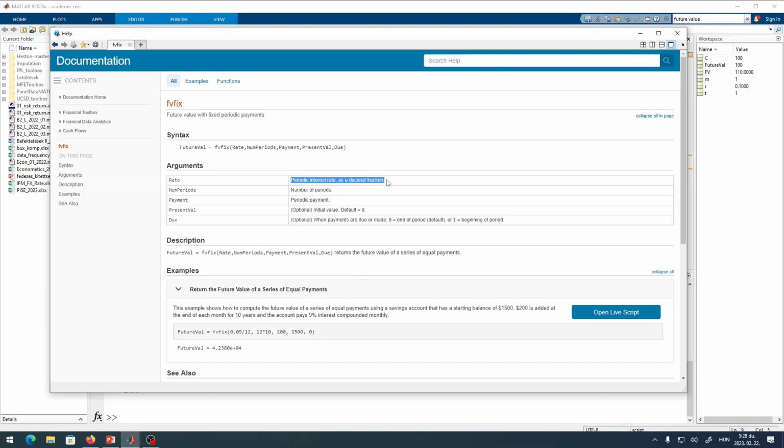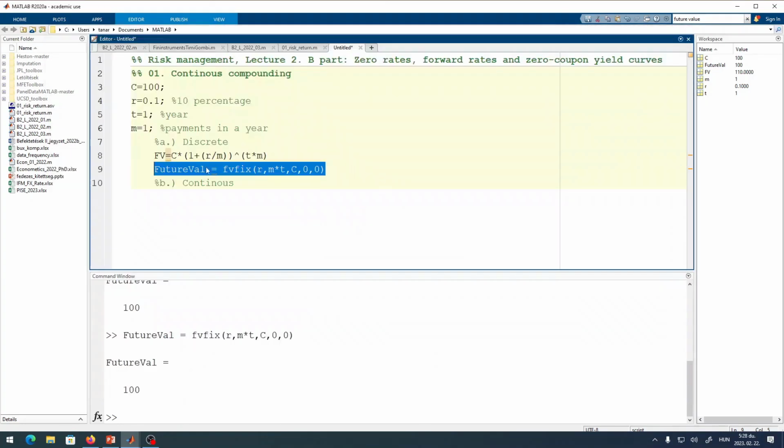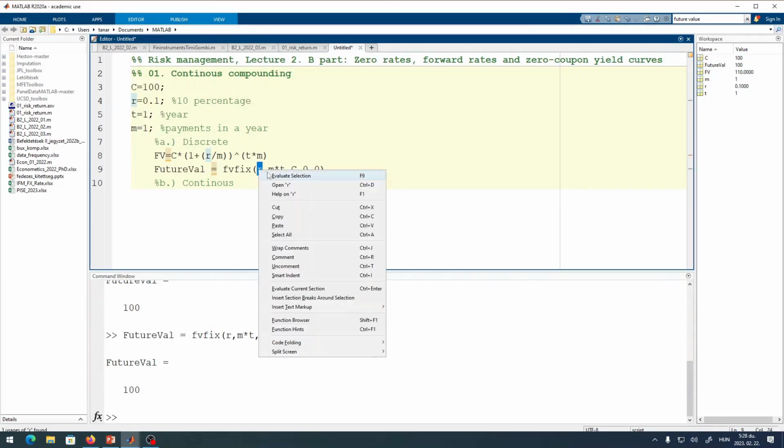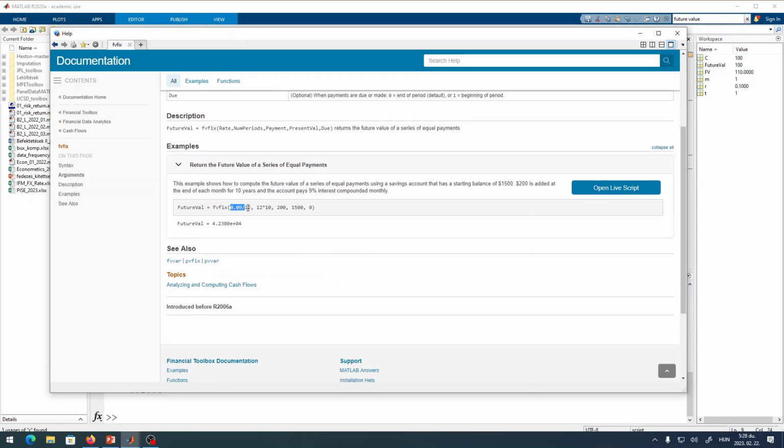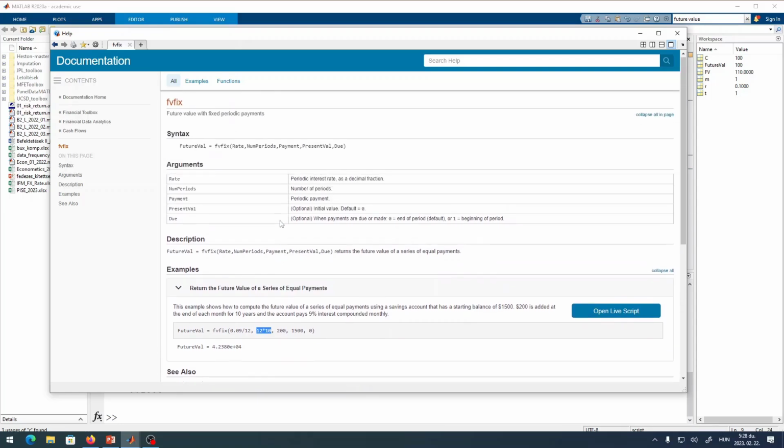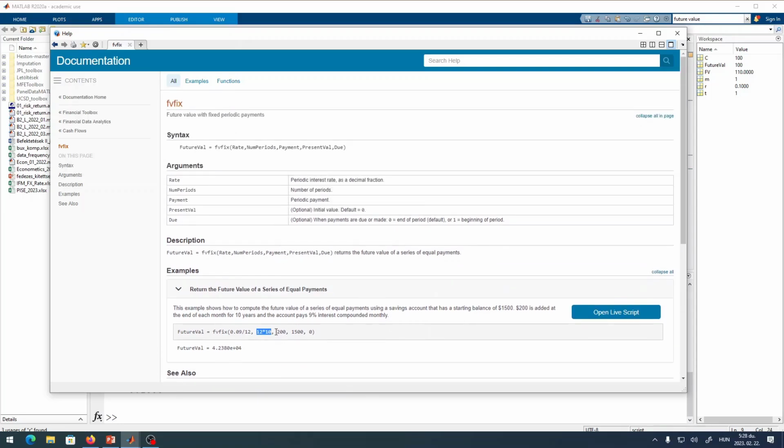Periodic interest rate as a decimal fraction, yeah, we use this. Number of periods, periodic payments. Let's check the tutorial.